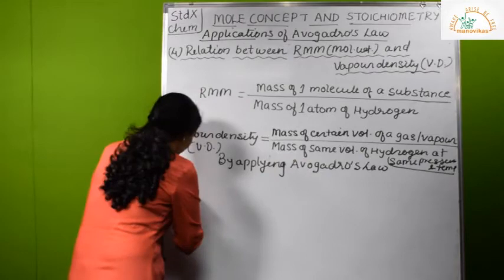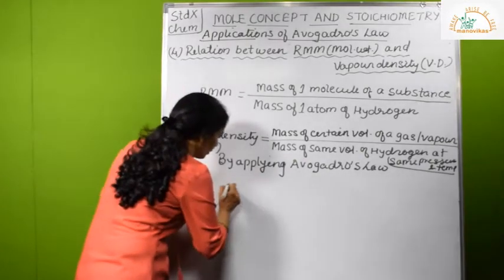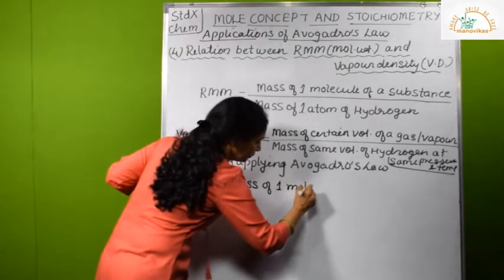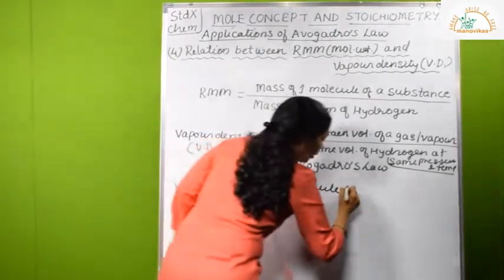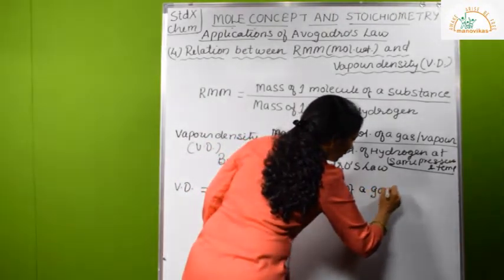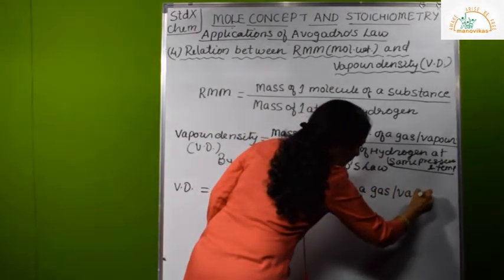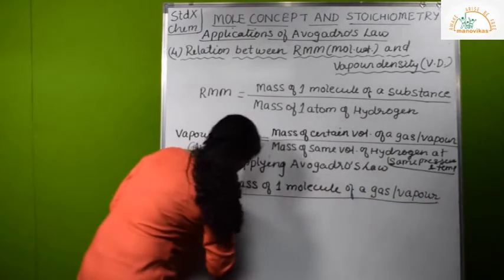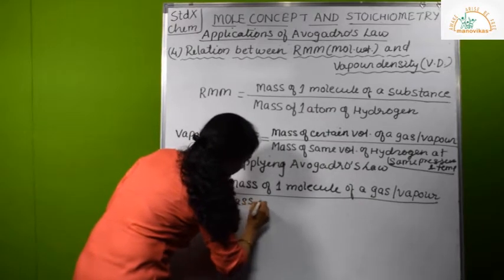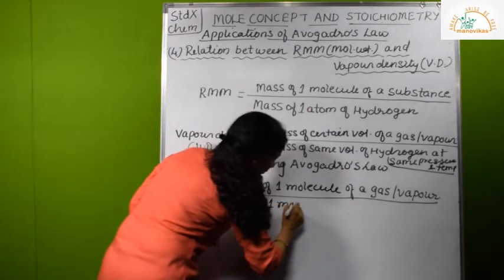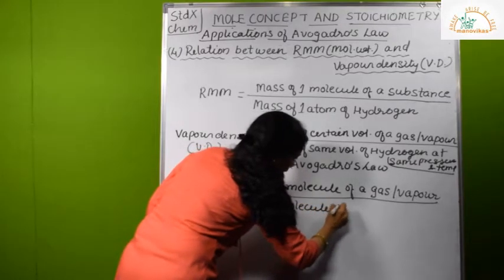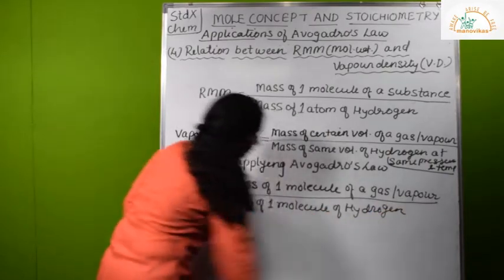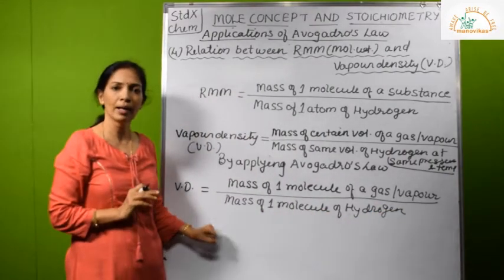So we can write vapor density is equal to mass of one molecule of a gas or vapor upon mass of one molecule of hydrogen, since the temperature and pressure conditions are same.